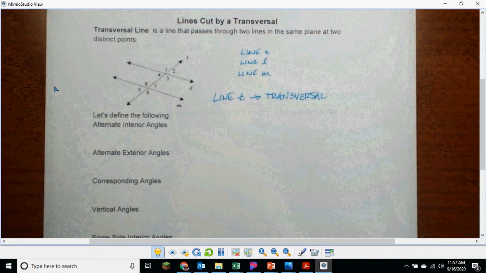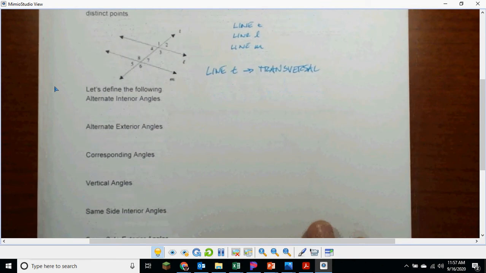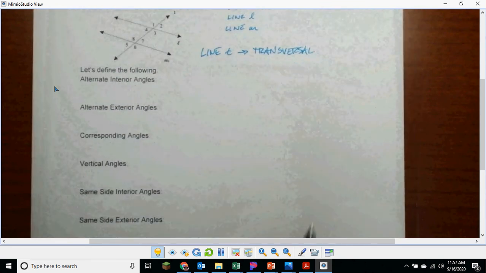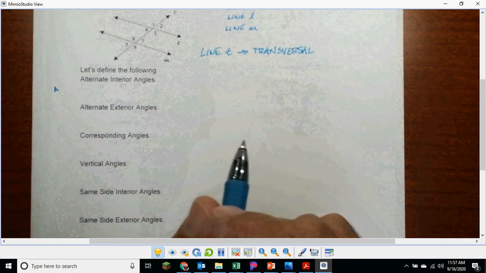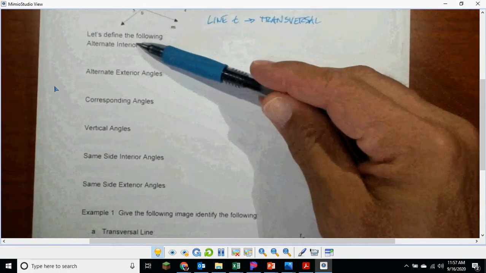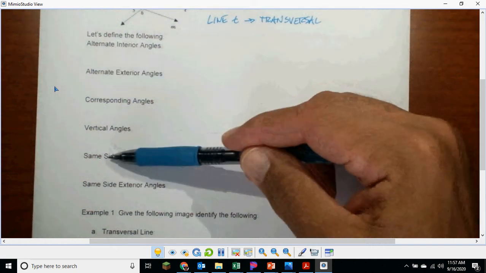Now, when lines are cut by a transversal, several different angle relationships are formed. It's important to know what these angle relationships are, so let's go through and define them. You can see the words down here: we've got interior, exterior, and we've got alternate and same side.